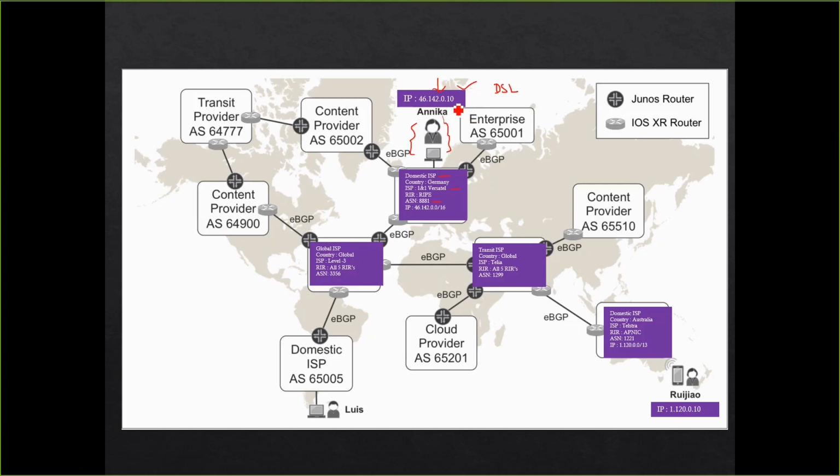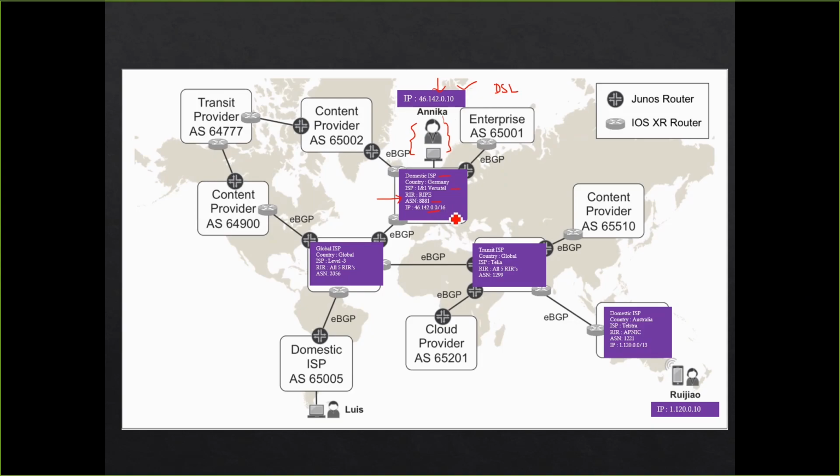And if you look at the domestic ISP as such, they are having a bigger block, called 46.142.0.0/16, okay, which is a slightly bigger block.